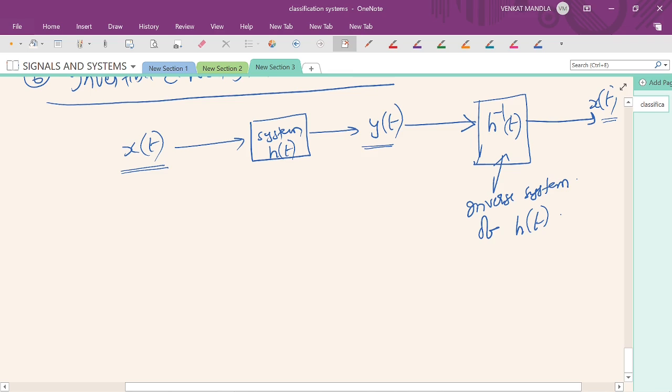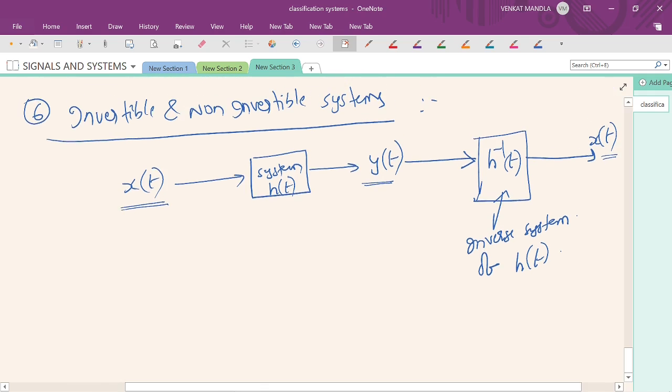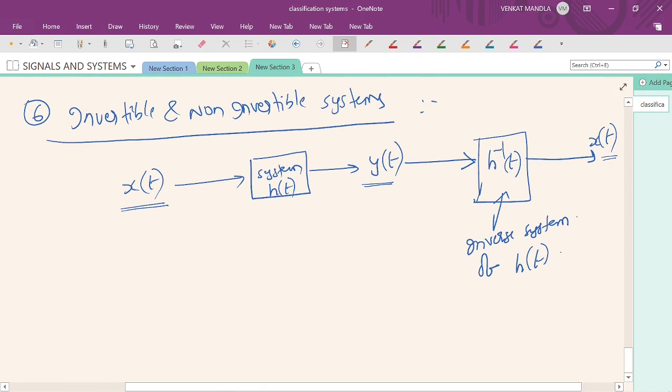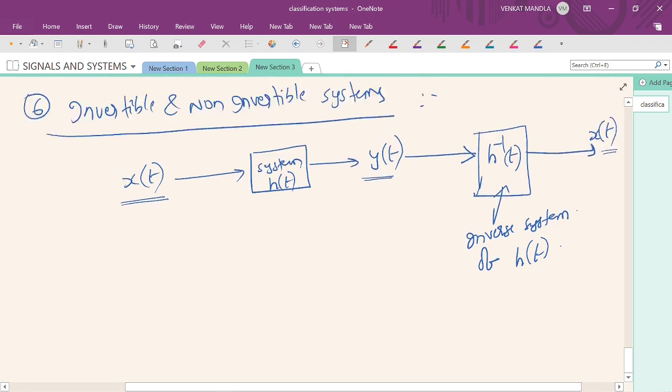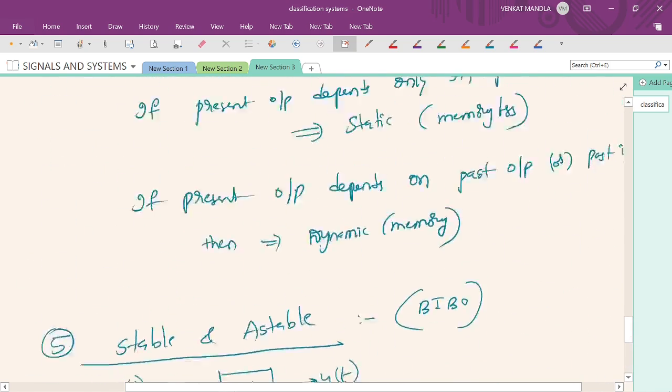If I cannot get x of t from y of t by any means, the inverse system is not possible for h of t, so the system is said to be non-invertible. When I solve problems, all these things will be cleared. So these are some classifications of systems and definitions.